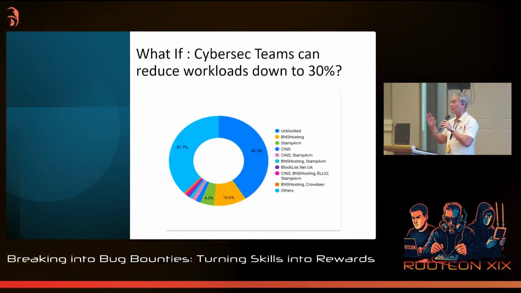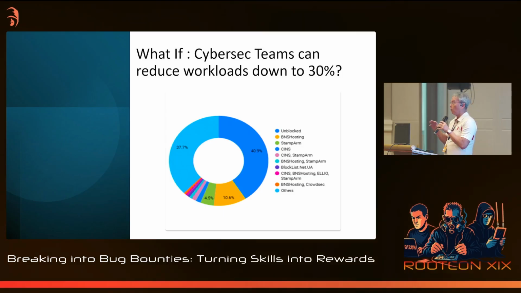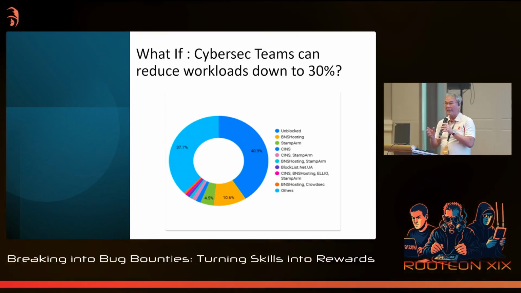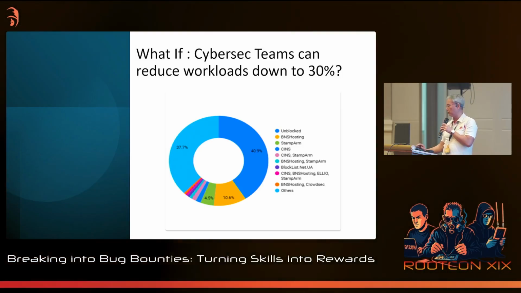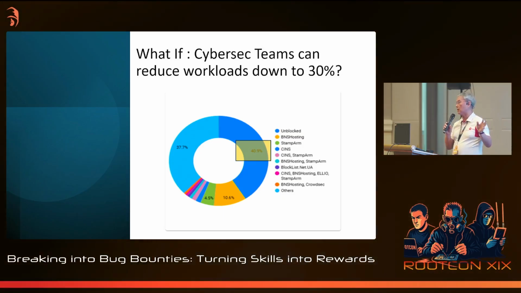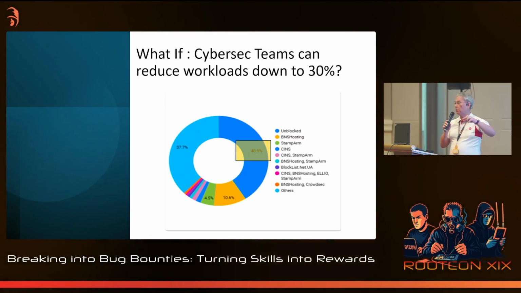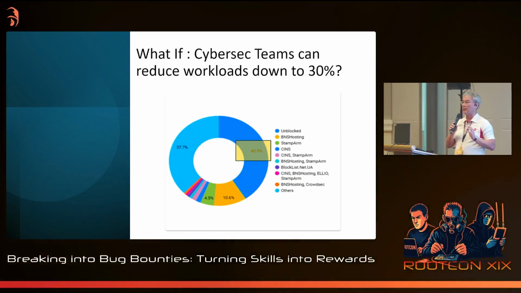The rest of the talk will be sharing about how we did it and why it's possible. That chart shows you that on this particular day, we were able to block 60% of the attacks. The blue portion is the one that was not listed in our blacklist.